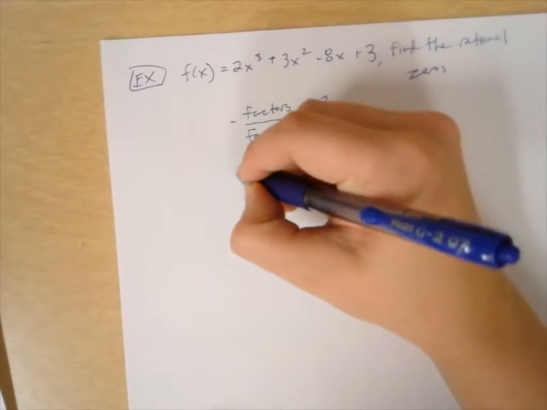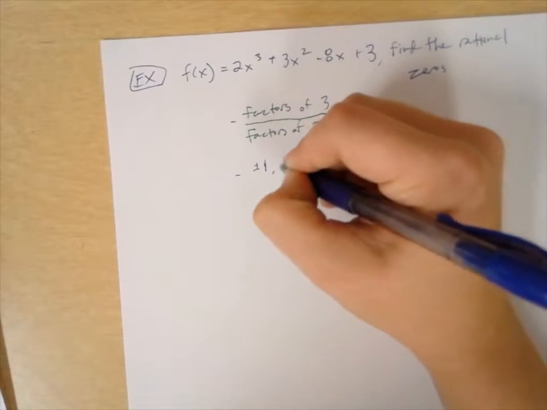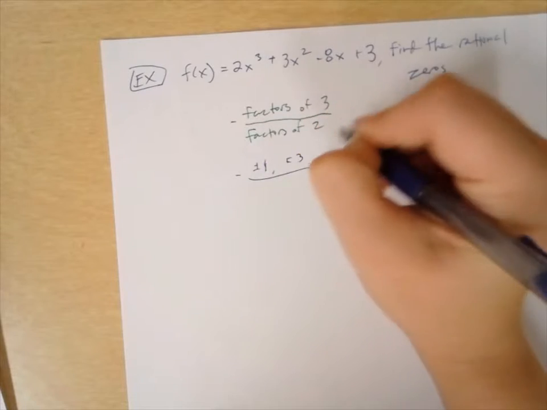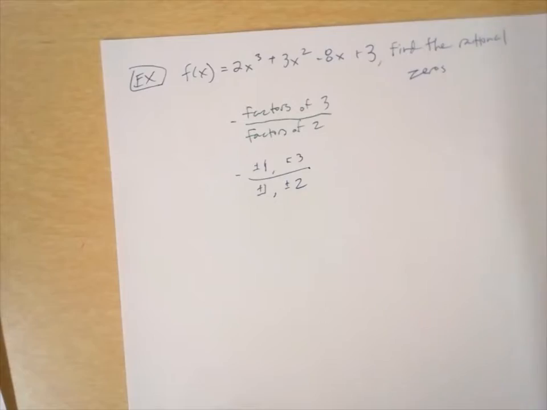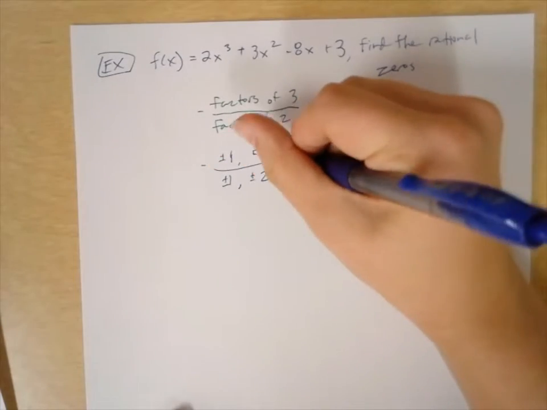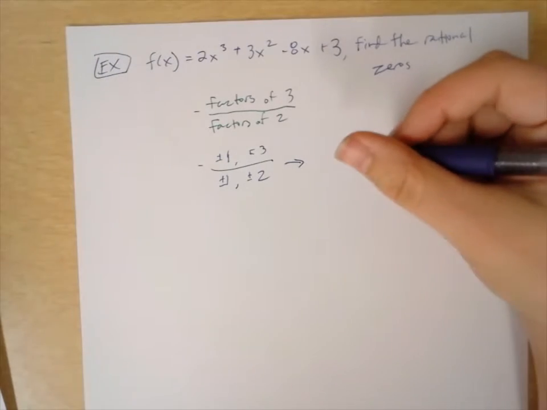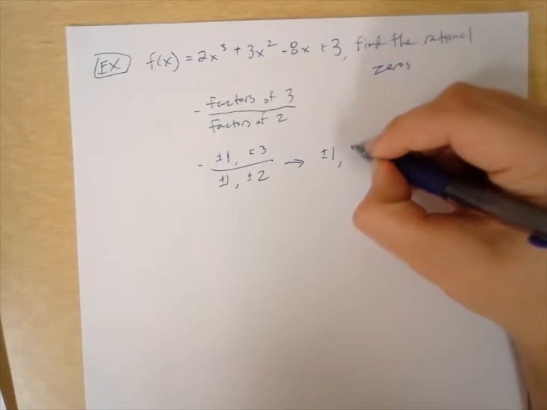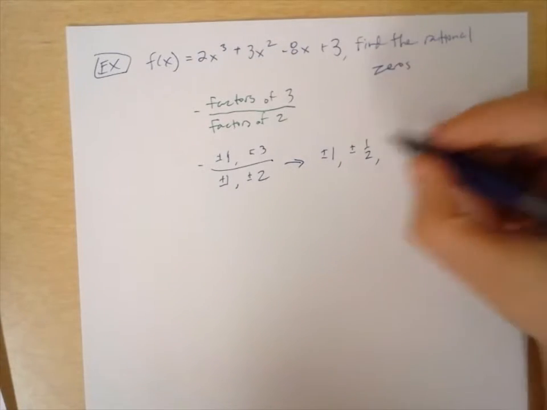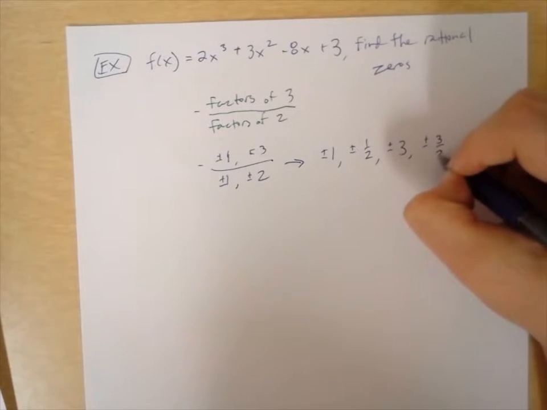And when we do that, we're going to get plus or minus 1, plus or minus 3 over plus or minus 1, plus or minus 2. And from here, what we can grasp is that we're going to get plus or minus 1, plus or minus 1/2, plus or minus 3, and plus or minus 3/2.